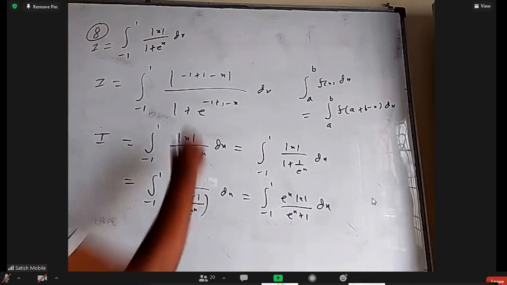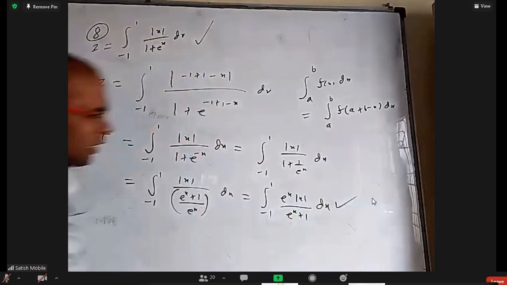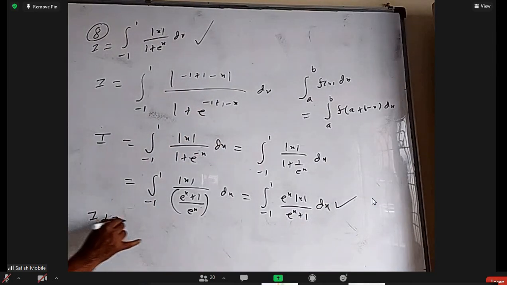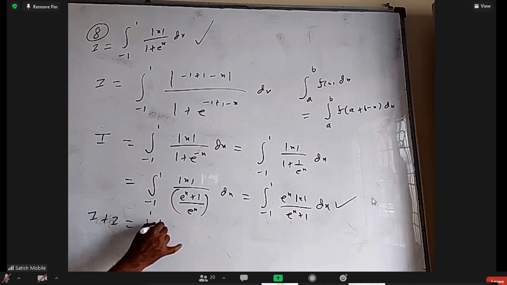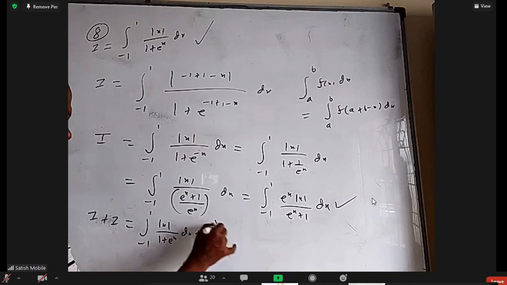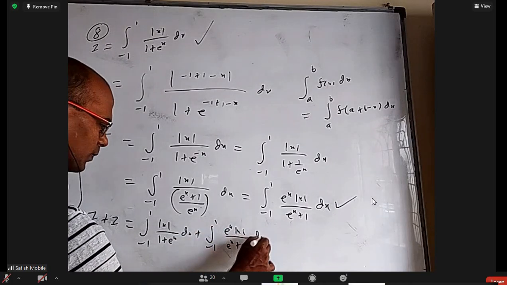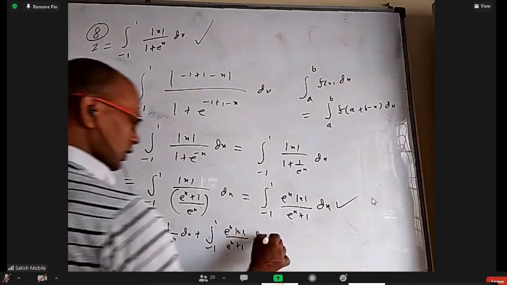Now let us add this and this. I'm writing every small step so that you'll understand. I plus I is integral -1 to 1 mod x by 1 plus e power x dx plus integral -1 to 1 e power x mod x by e power x plus 1 dx. This and this denominator is the same, so I can add the numerator.